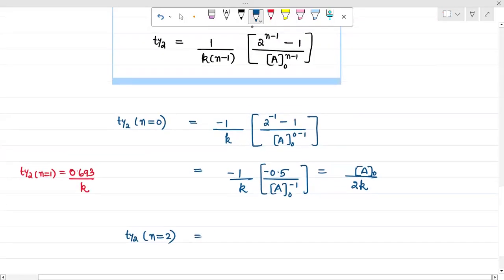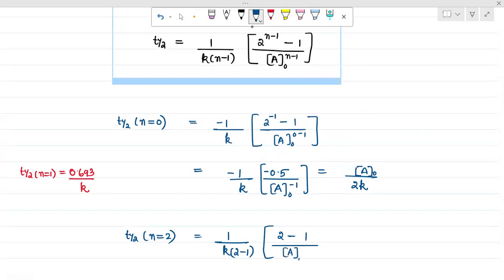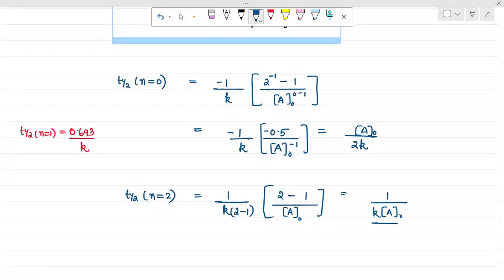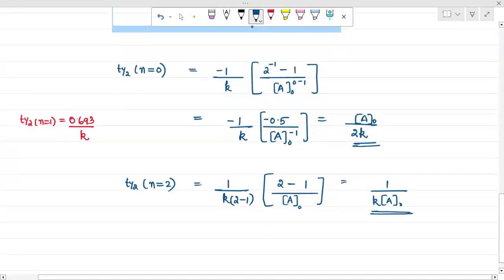Plug in the values: 1 by k into 2 minus 1, into 2 to the power 2 minus 1, minus 1, divided by A naught to the power 2 minus 1. Easy. Which is equal to 1 by A naught into k.